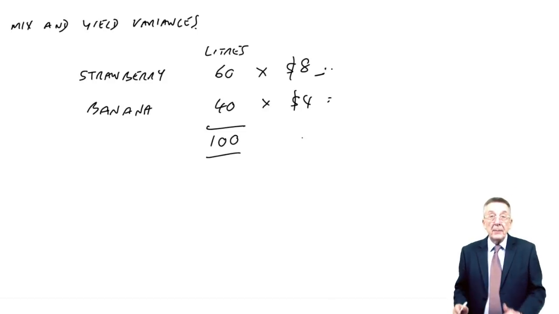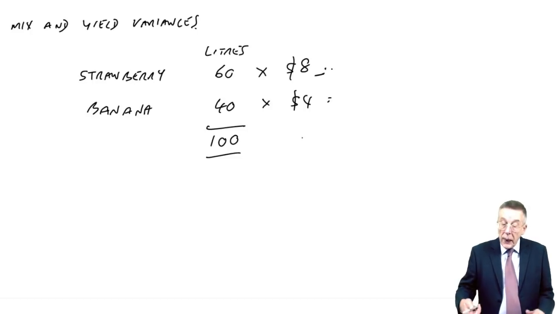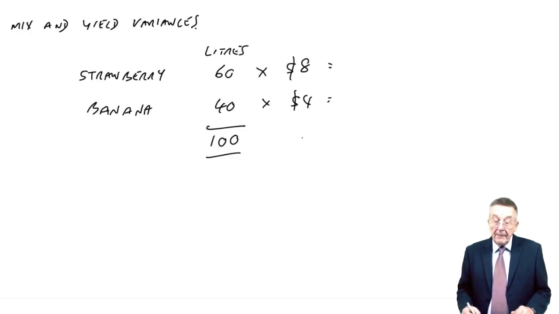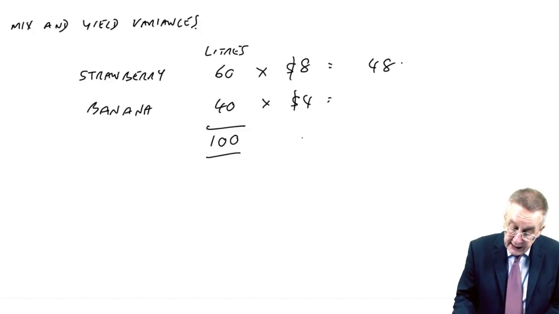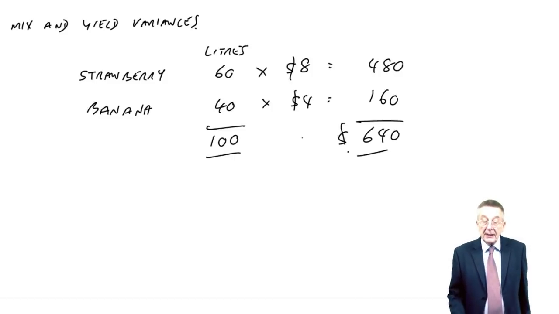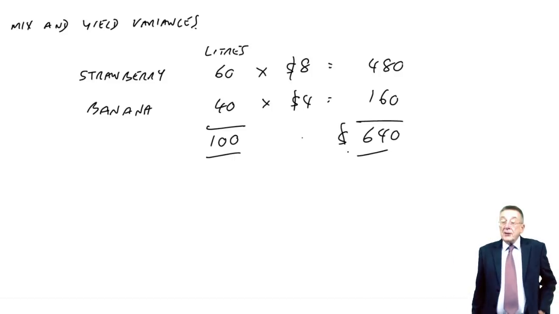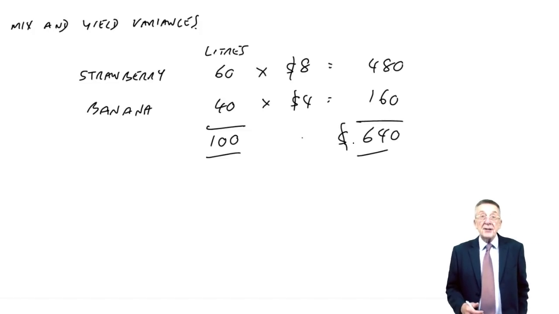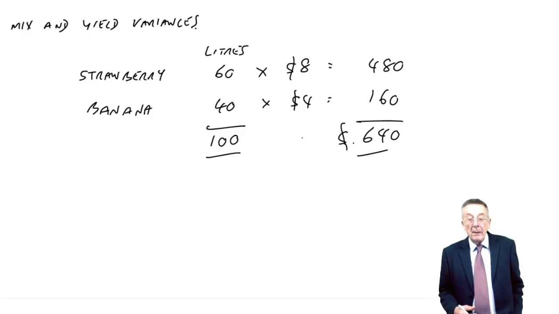Now, don't worry, I'm not going to do full numbers, I just want to explain the problem. So how much should every 100 litres cost me? Strawberry 60 at 8 is 480, banana 40 at 4 is 160, total 640. So it's a rather expensive fruit juice, but still. That's what should be happening. Every 100 litres I produce should cost 640.